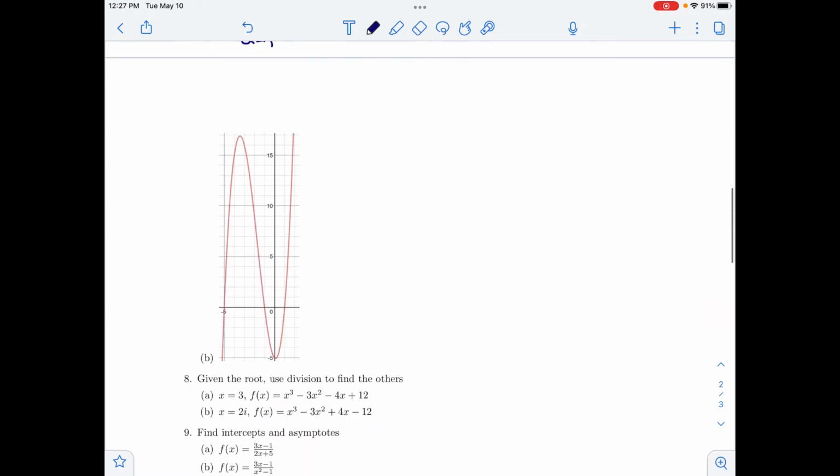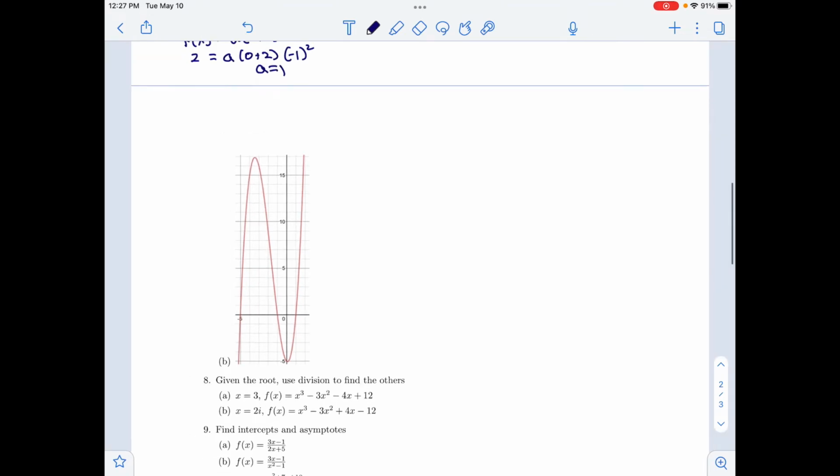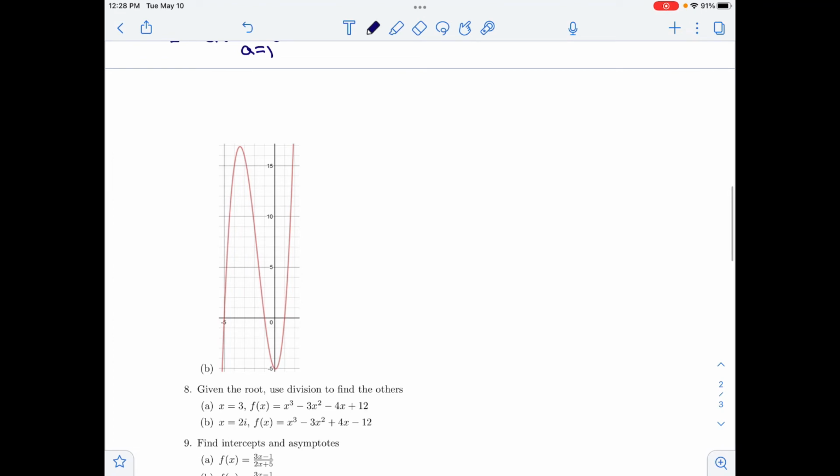Okay, now let's look at this one. This one here doesn't have any bouncing. It passes through -5, so this is going to be a times x plus 5. It passes through -1, so this is x plus 1, and it passes through +1.